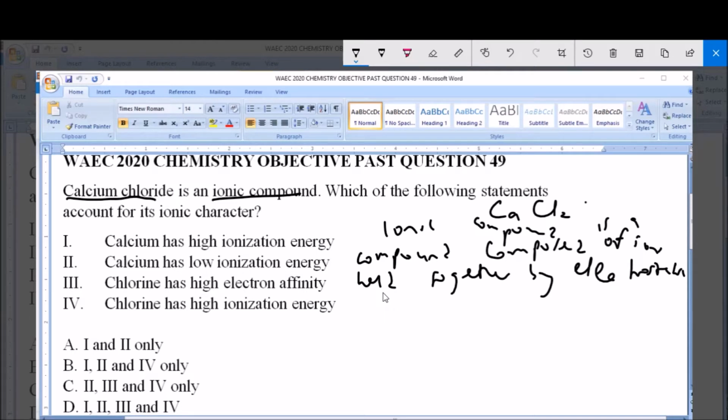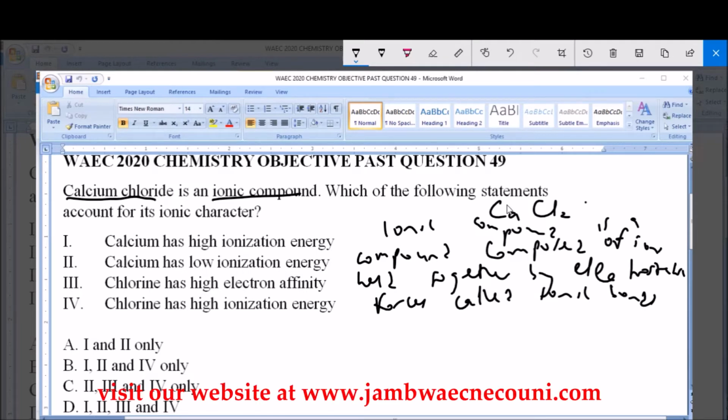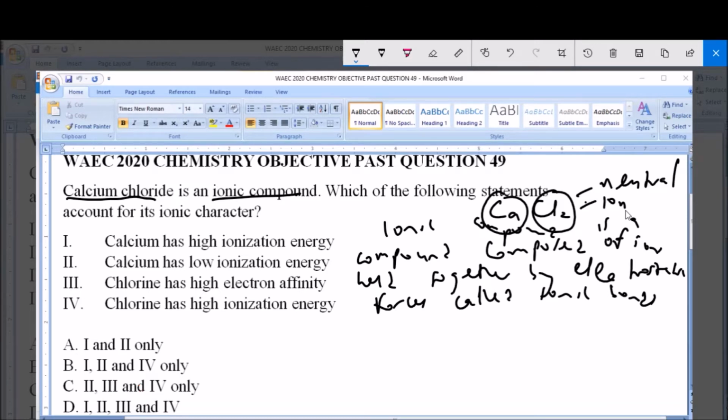So usually you have the compound neutral, but in its formation, the two atoms involved are ionized, forming ionic bonds.